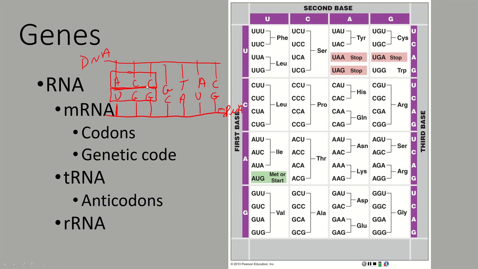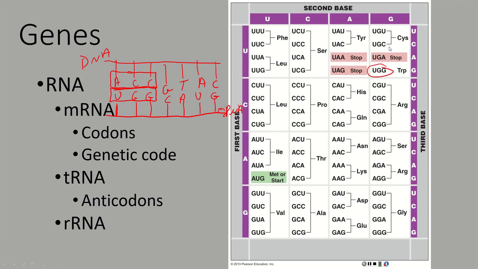So let's go over here. We see in our example that we drew, we have UGG is our mRNA codon that we have with a box drawn around it, UGG. We come over here to this box and we look up UGG, and that's what I see right there.